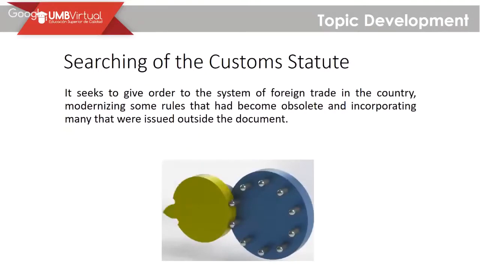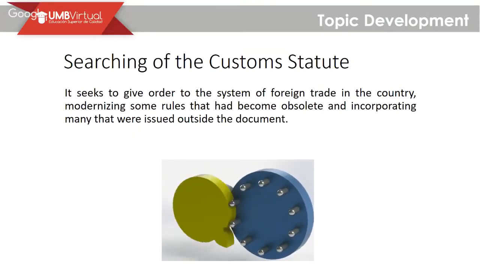So, what does the customs statute seek? In this case, it seeks to give order to the system of foreign trade in the country, in this case Colombia, modernizing some rules that have become obsolete and incorporating many that were used outside the document.